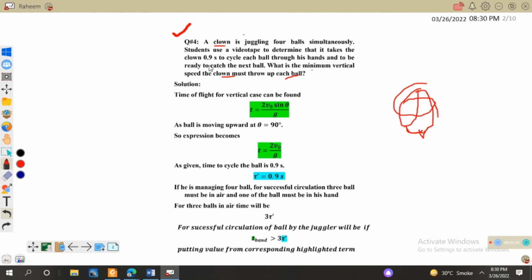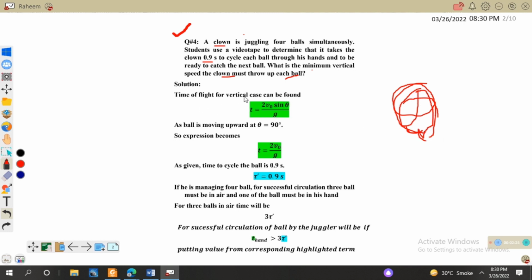First we are given some data. It tells us that students use a video to determine that it takes the clown 0.9 second to cycle each ball. Each ball takes 0.9 second, meaning if the ball is projected from here, it takes 0.9 second to complete one circle and again come into his hand.